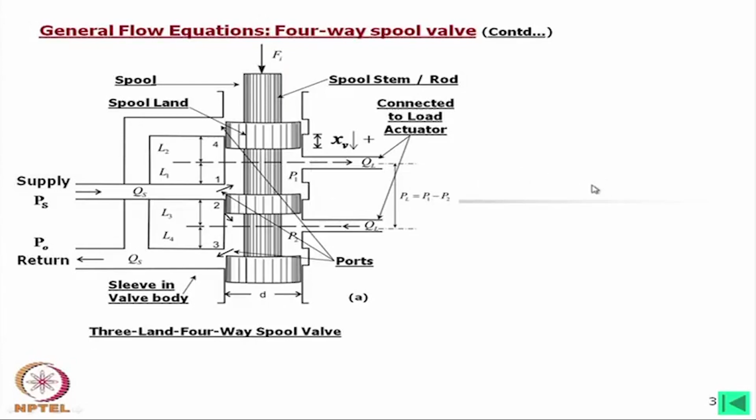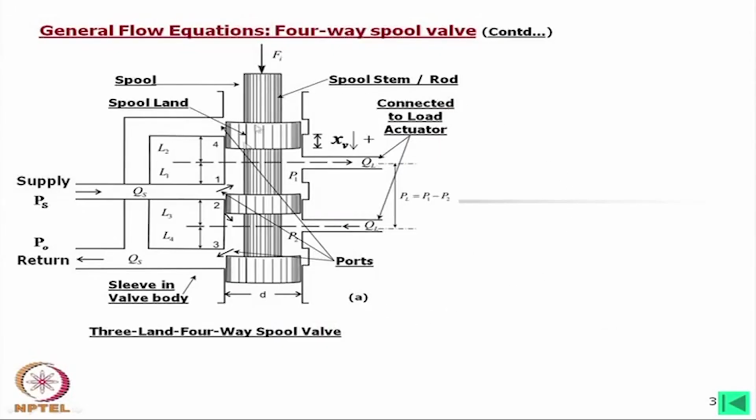In fact, just for your knowledge, I would say if you look into a servo valve, in many cases you will find a servo valve functions at half of the system pressure. So, suppose you are using a supply pressure of 10 megapascals, you will find the valve actuator is being performed at about 5 megapascal pressure.